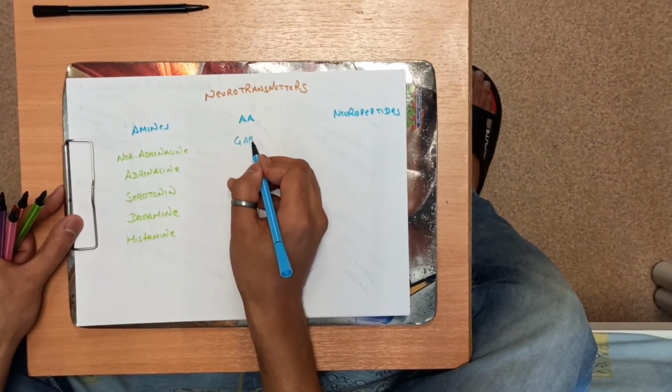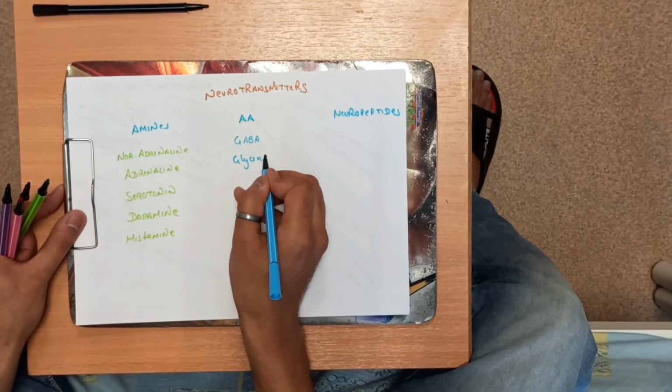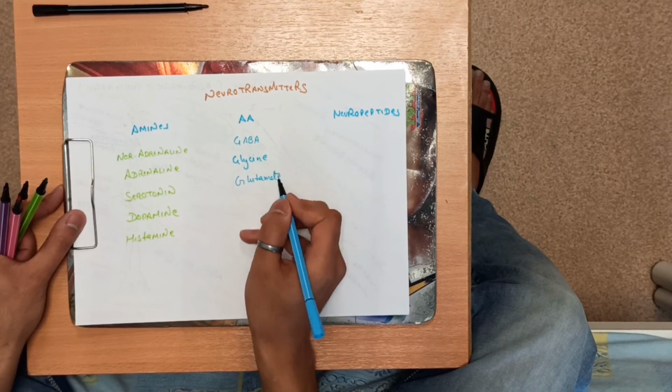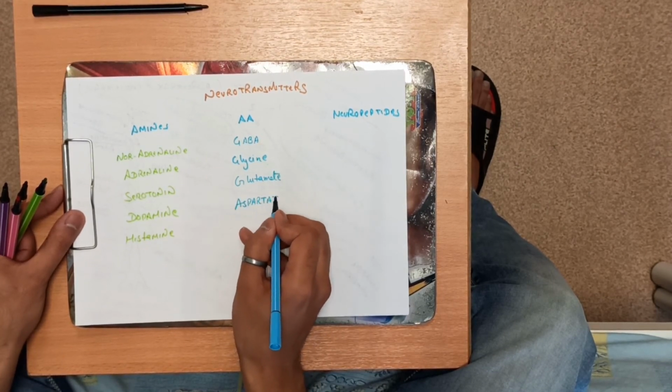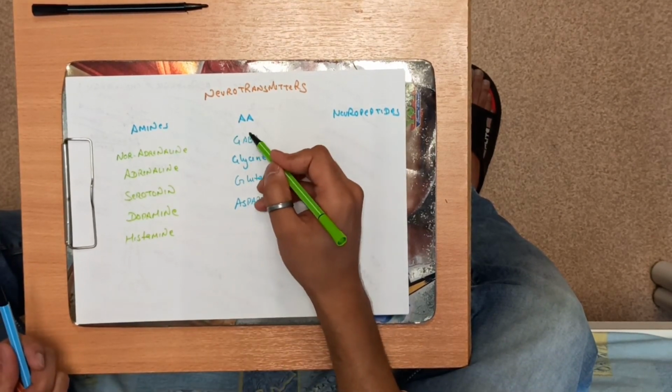Amino acid neurotransmitters are GABA, glycine, glutamate, and aspartate. GABA is gamma aminobutyric acid.